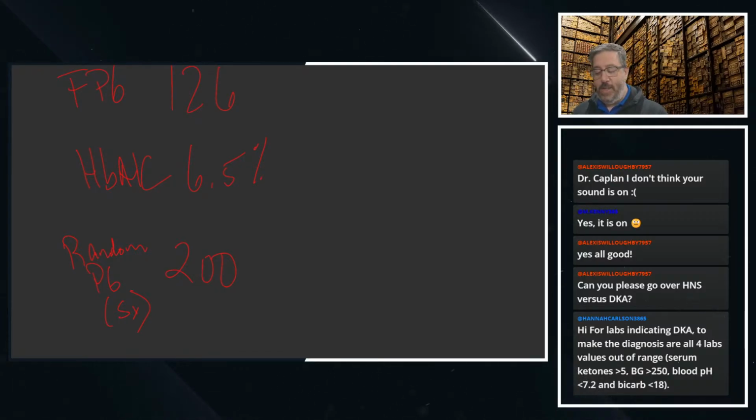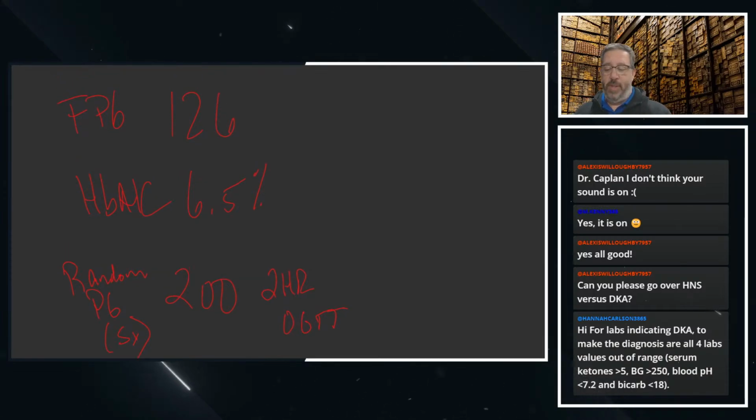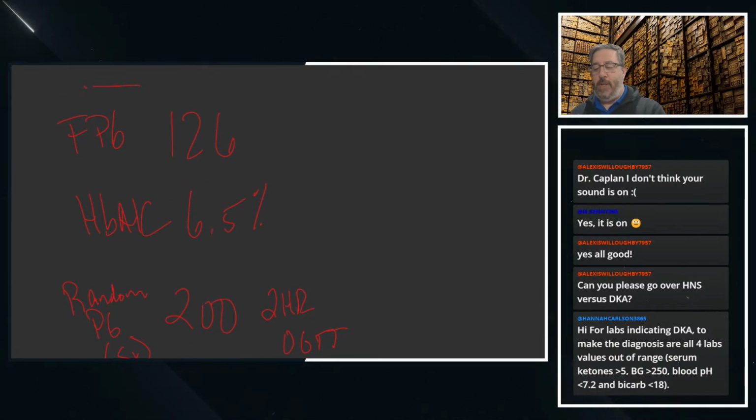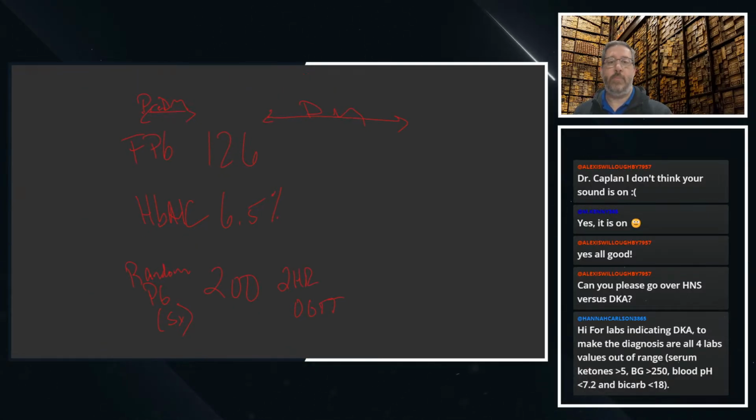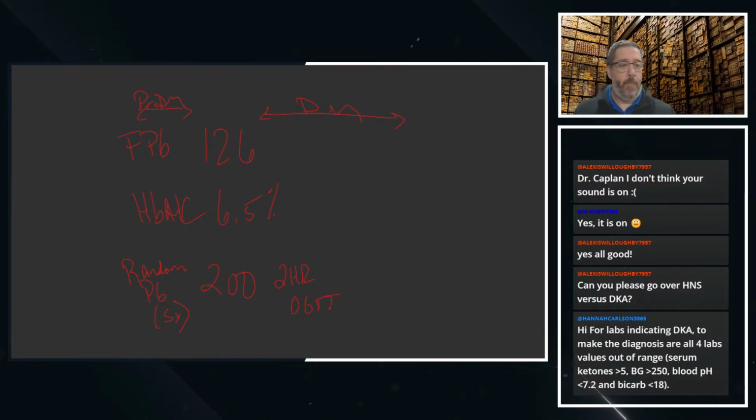Or the other side of this is your 2-hour oral glucose tolerance test. After 2 hours of giving that sugar load, you should be below 200. And these are the 3 things. On this side of the number line, prediabetes. If you're on that side of the line, you are diabetic.